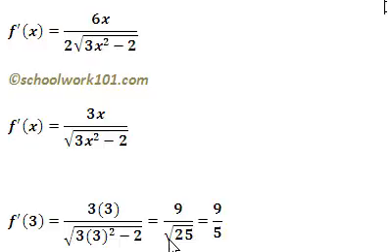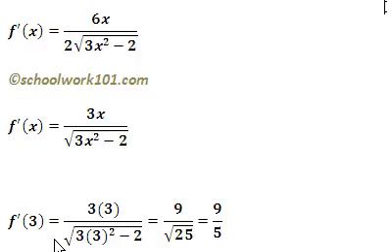Now, we got rid of this radical down here in the denominator by multiplying the denominator by the square root of 25 and the numerator by the square root of 25. Actually, I don't need to do that. I'm asleep here at the wheel. What's the square root of 25? It's 5.